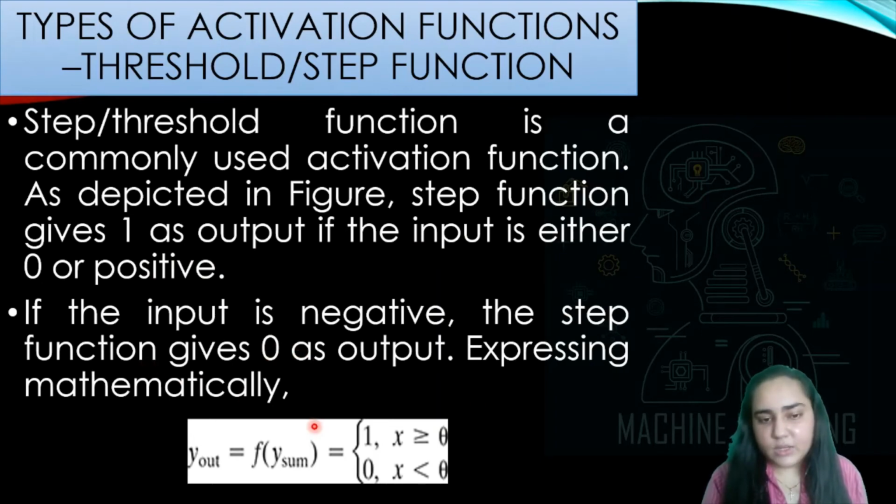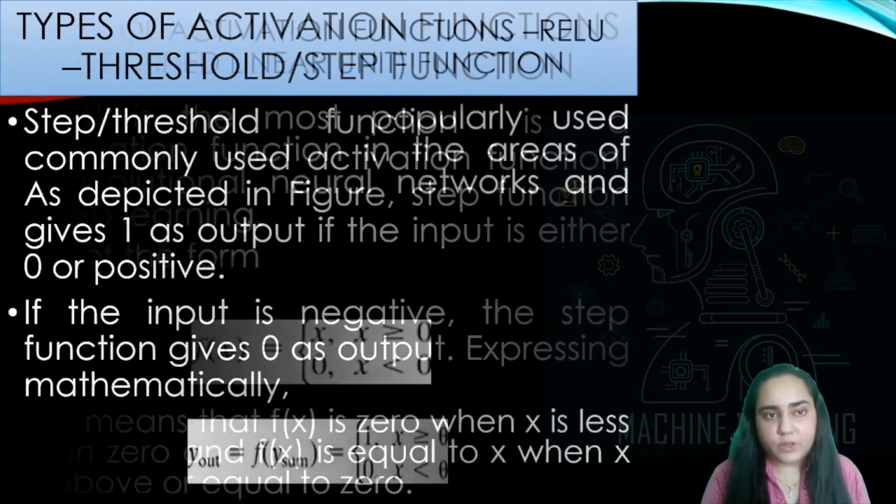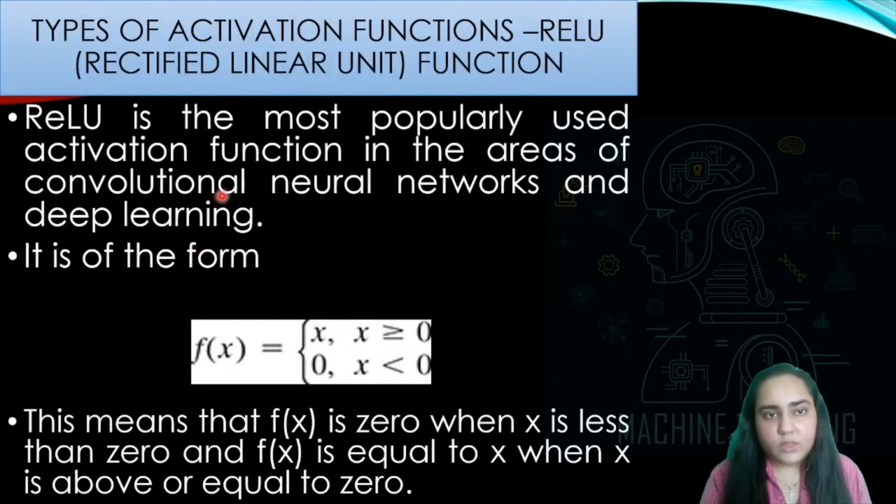Mathematically, you can express it like this. Y out is equal to f of y sum, which is equal to 1 if x is greater than or equal to 0, and 0 if x is less than 0, which means if x is negative. So this is your threshold or step function. The other kind of function we have is known as the ReLU, or the rectified linear unit function.